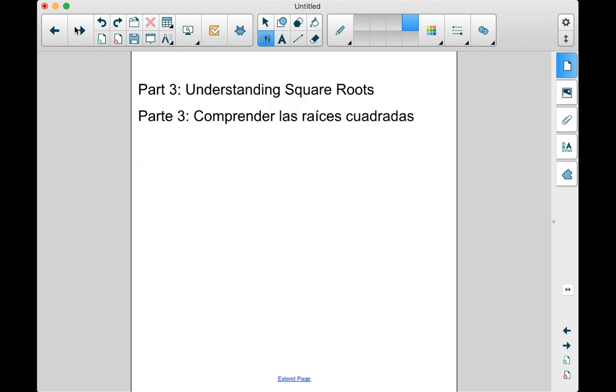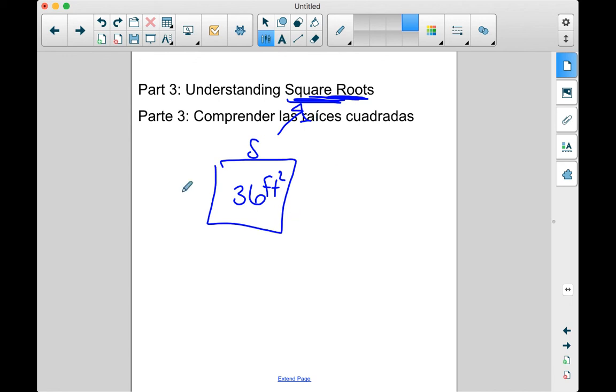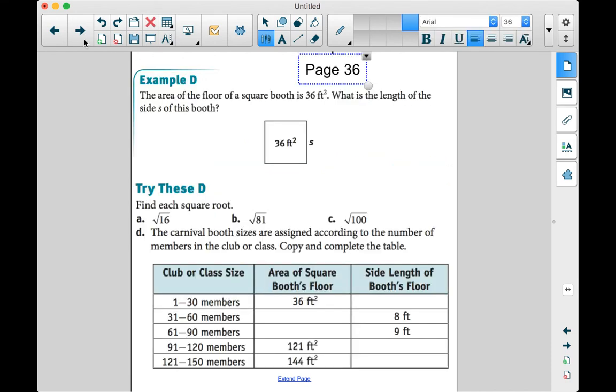All right, and the third part of this, now we need to understand what we call square roots. For example, if I gave 36 and I said this area right here is 36 feet squared, and I wanted to know what this side is, that's what we consider a square root, when I'm working backwards. So here, page 36, I have my area right in there is 36 feet squared.